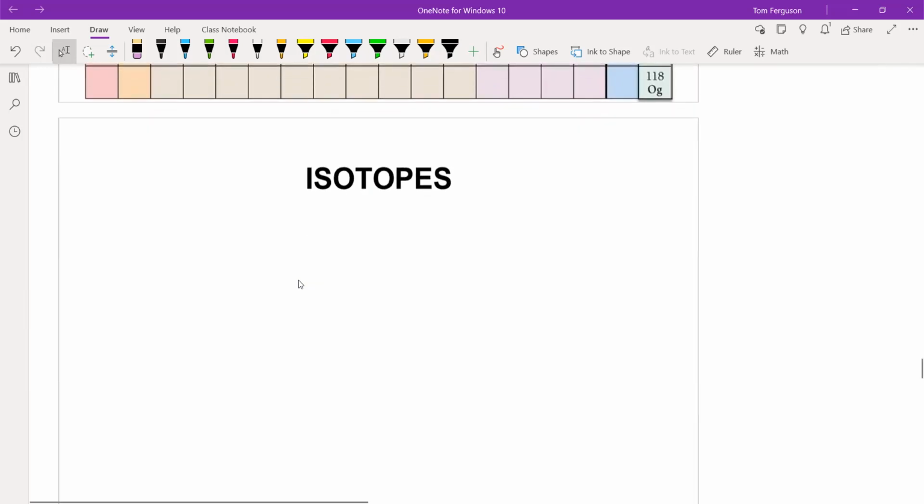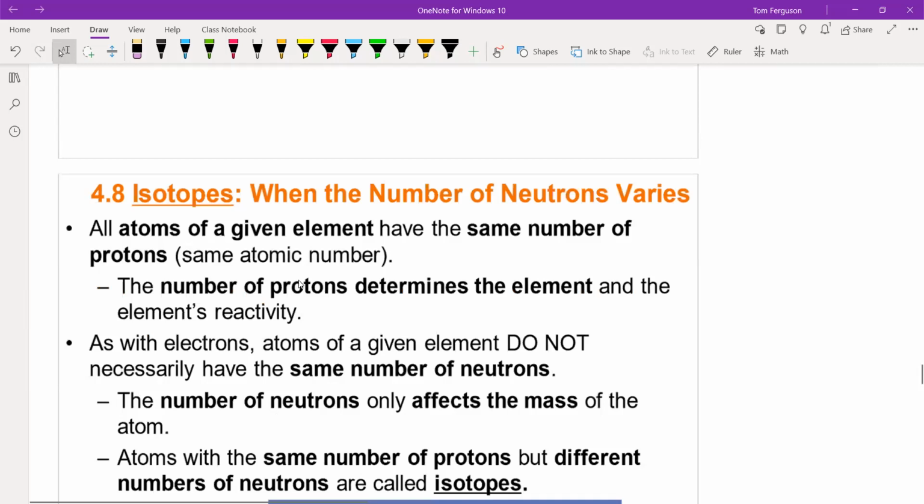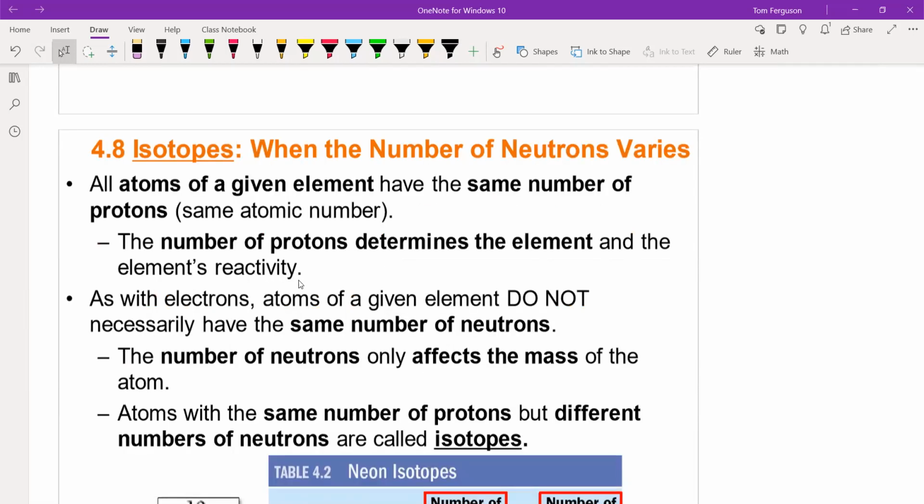Now, there's another term you've probably heard, isotopes. An isotope has to do with the number of neutrons. So we can have carbon in two different states.